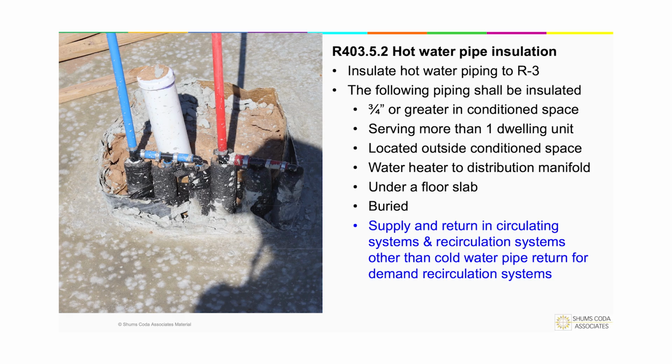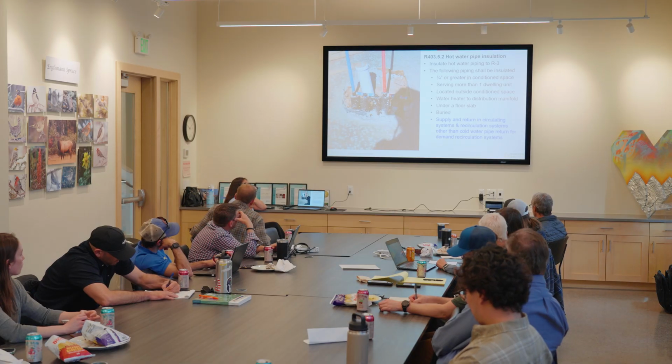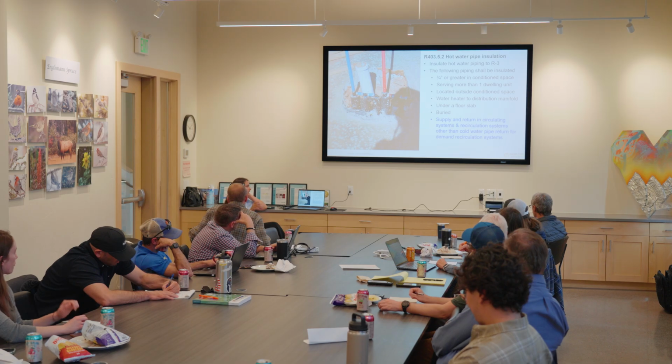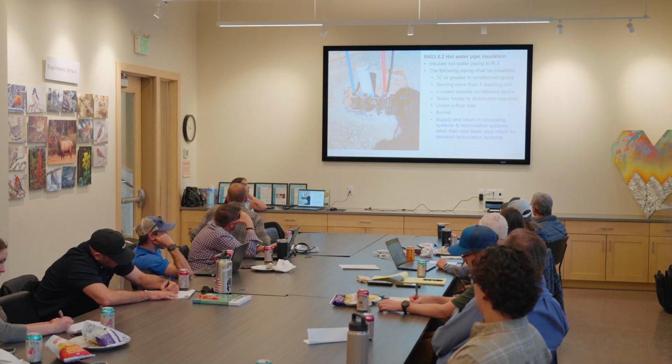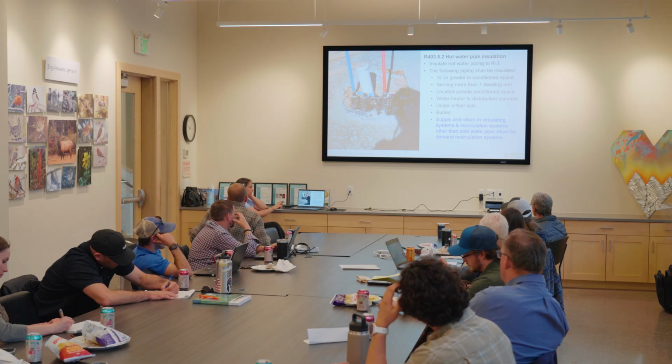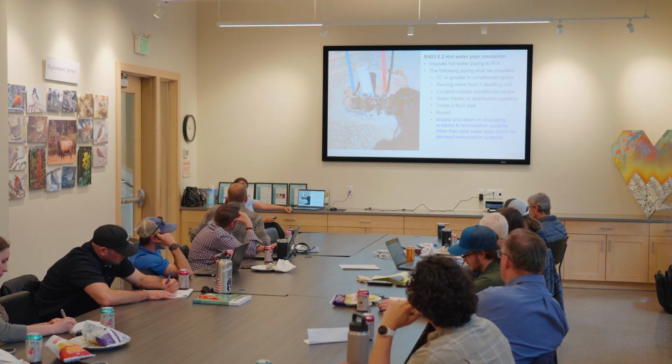If that piping is serving more than one dwelling unit, if it happens to be located outside of conditioned space, if it's from the water heater to the distribution manifold, if it happens to be under a floor slab, that's the one that I get a lot of questions about. If it's buried, and the new one for the 21 is the supply and return in circulating systems and recirculating systems have to be insulated unless it is the cold water pipe return for that demand recirculation system. Aren't you glad I said systems 3 times in that one sentence?